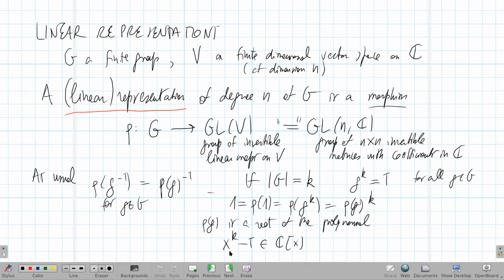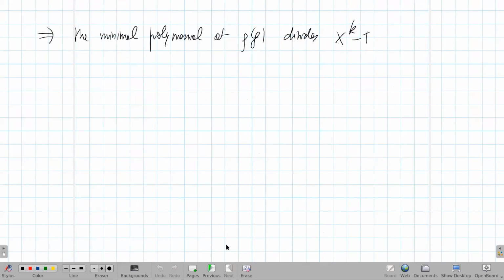This minimal polynomial, exactly as in the case of algebraic extensions, divides all polynomials that have rho of g as a root. So since rho of g is a root of x to the k minus 1, this means that the minimal polynomial of rho of g over C divides x to the k minus 1. But this polynomial has distinct roots, okay?